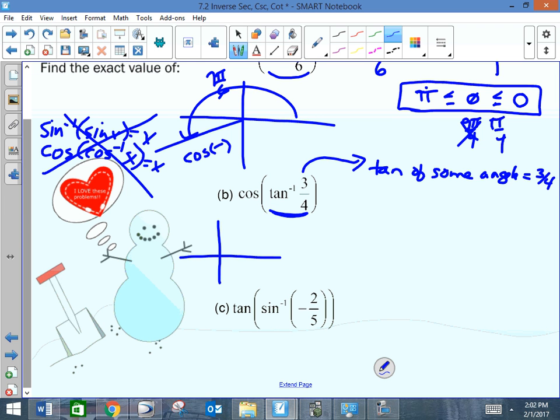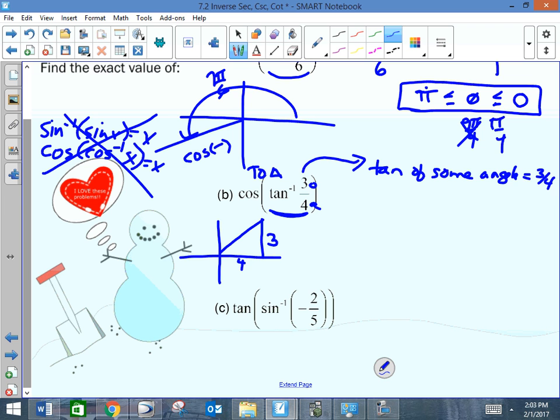First quadrant. We remember our two choices for tangent and inverse tangent are first and fourth. So it's first. Okay, so we're going back to SOHCAHTOA. TOA. Opposite, adjacent. So my 3 goes here, my 4 goes there. Okay? So far so good.